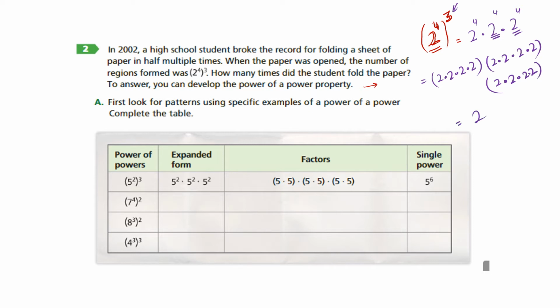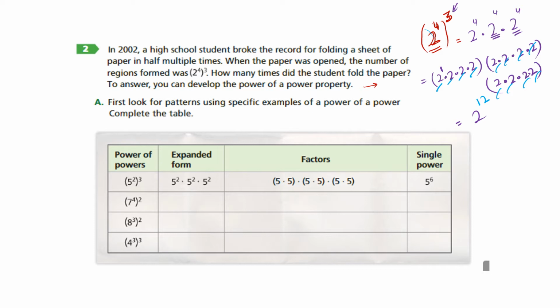If no power is written on a number, the power is 1. Now count how many 2's there are: 1, 2, 3, 4, 5, 6, 7, 8, 9, 10, 11 and 12. So you wrote the 2 twelve times, which means the power of 2 will be 12.